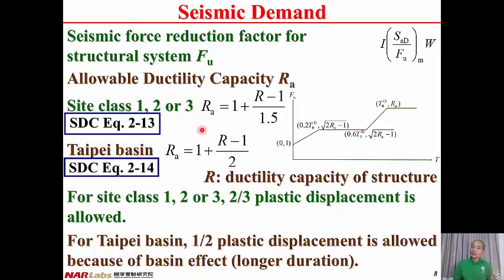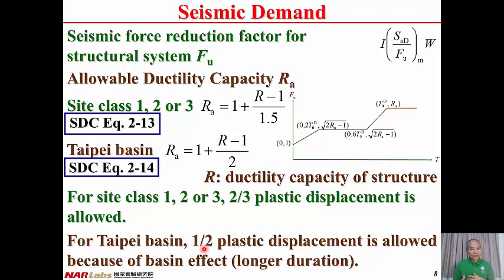For site class 1, 2, or 3, only 2/3 of the plastic displacement is allowable. Therefore, Ra equals 1 plus (R minus 1) divided by 1.5, that's 2/3. And for Taipei Basin, only half of the plastic displacement is allowed because of the basin effect.